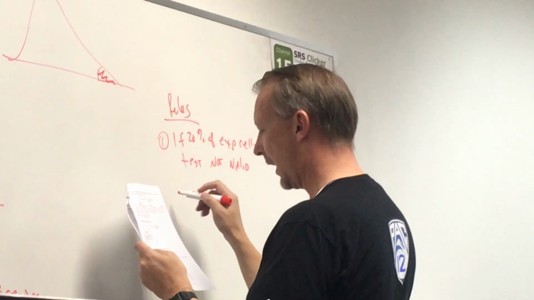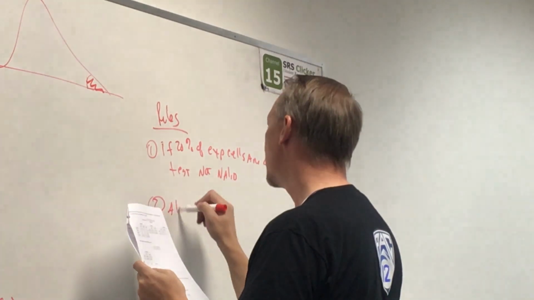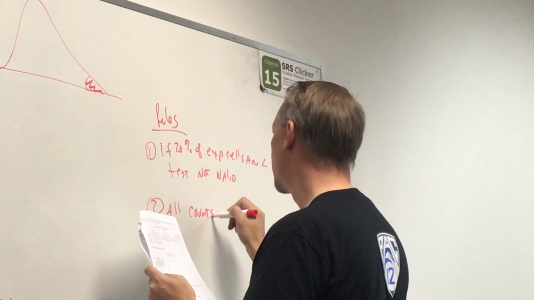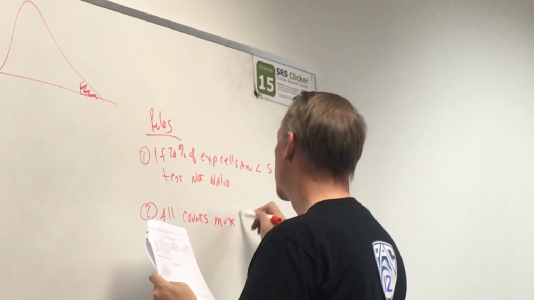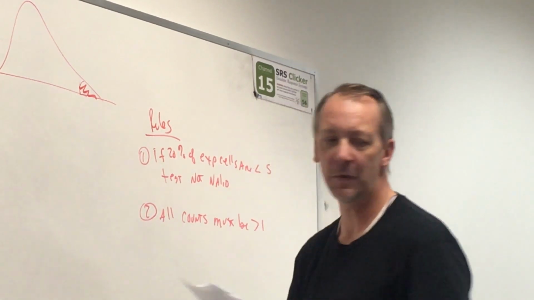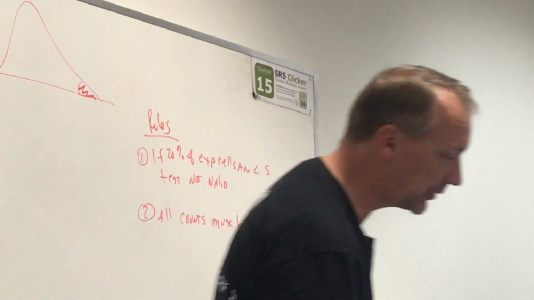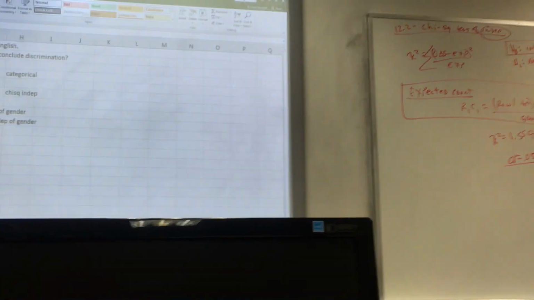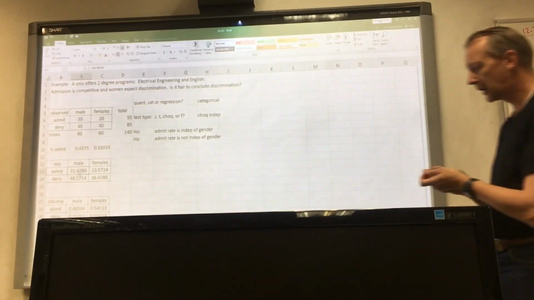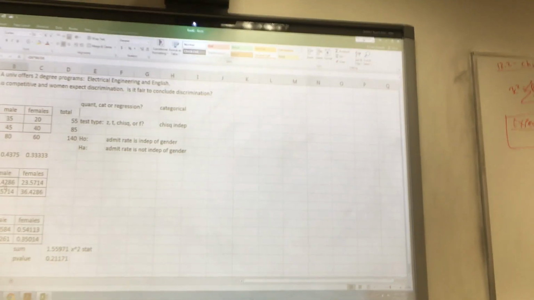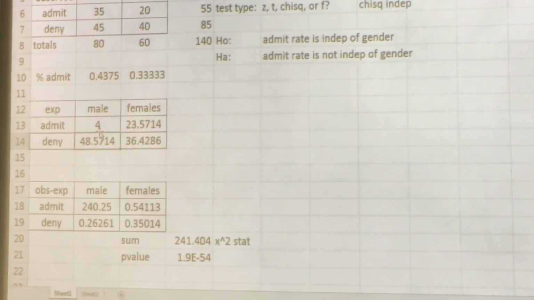Okay? And number 2, all counts must be greater than 1. So what I mean by that, let's say, for example, we did my expected counts here, and rather than 31, I got a value of 4. Let's pretend that I got a value of 4, that that was the correct value.